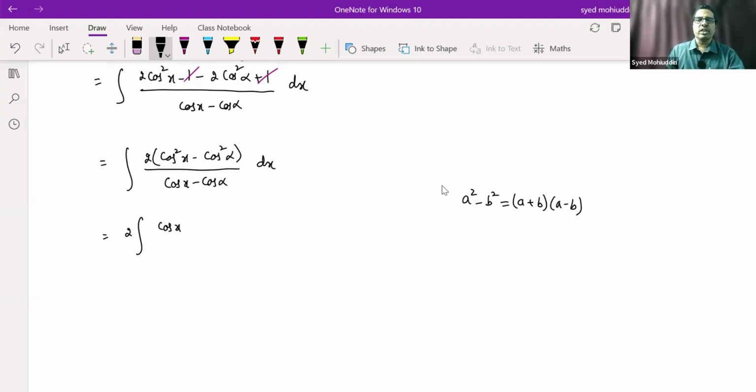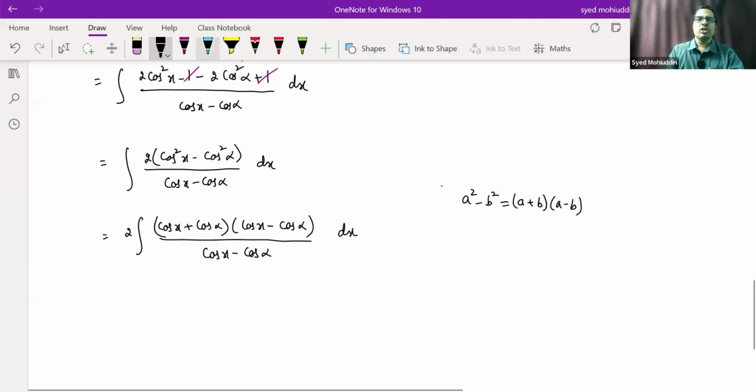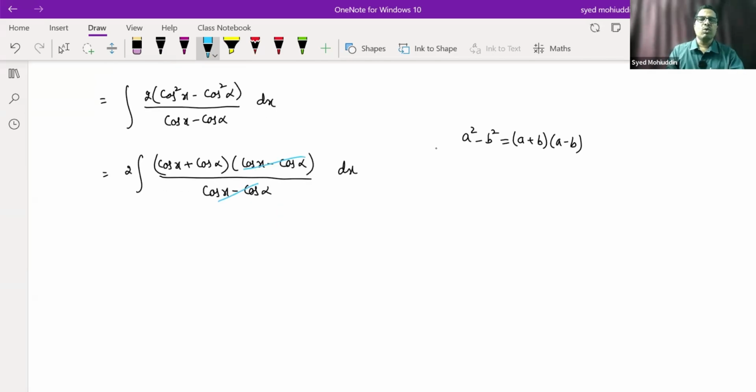Hence, you can write cos x plus cos of alpha into cos x minus cos of alpha, whole divided by no change in the denominator. The denominator will remain as it is. But if you observe, the numerator and denominator are the same, so you can cancel that out. Hence you are left with only one term.